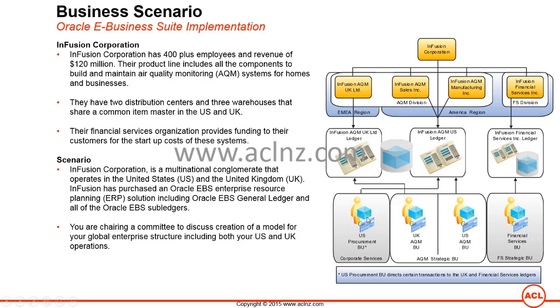They've got a third business unit for capturing all of their US procurement related transactions, which is linked to AQM. And lastly, they've got a fourth business unit or operating unit pertaining to the financial services business.